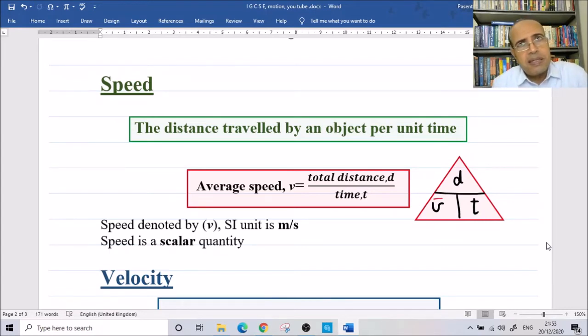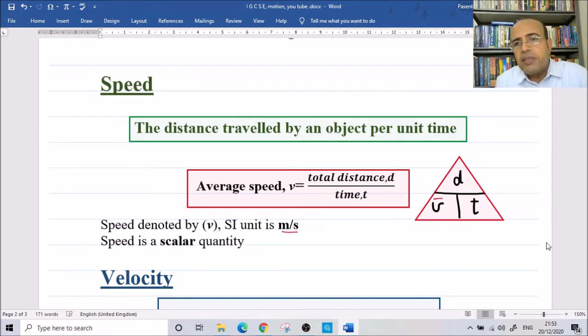The distance is a scalar, time is a scalar, so the speed is a scalar quantity. The unit of distance is meter, the unit of time is second, so the unit of speed is meter per second. The speed has the symbol V, the same as velocity, which we will study later, and it is a scalar quantity, with no direction.